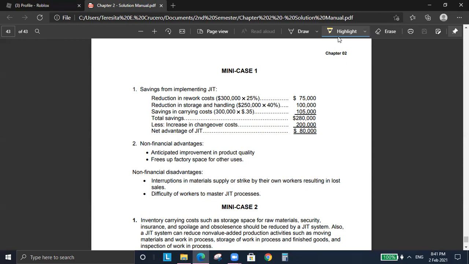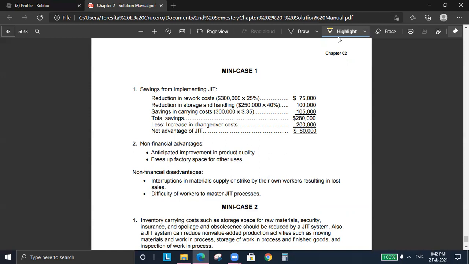Okay, so we have now the savings from implementing the JIT system. First, we have the reduction in rework cost equal to 300,000 by 25%. So the reduction in rework cost amounts to 75,000. Reduction in storage and handling, the material storage, handling, and insurance cost of 250,000 would be reduced by an estimated 40%. So you have 100,000.